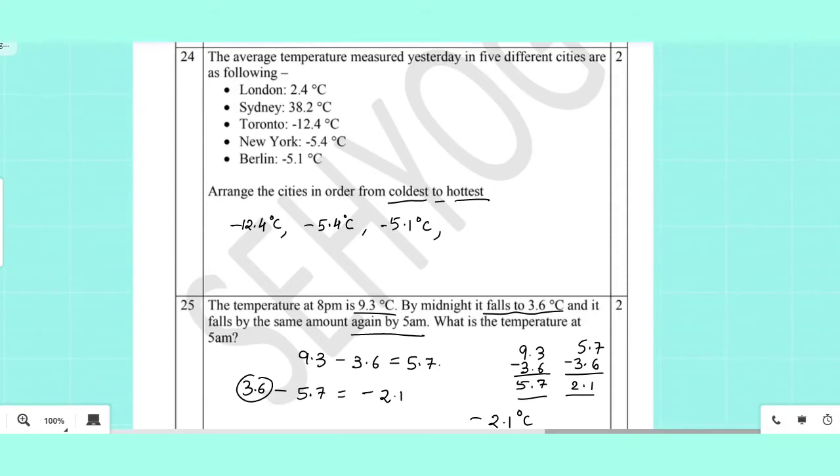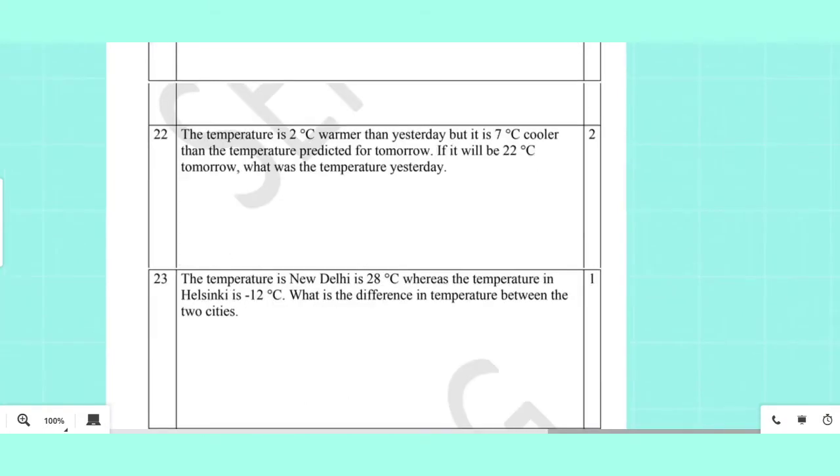Hotter than that is negative 5.1 degrees Celsius. Hotter than that is 2.4 degrees Celsius. So we have completed the negative values. Now it's positive. So a smaller number means like this. It will be arranged like integers. So Toronto is coldest, followed by New York. Then hotter than that is Berlin. Then hotter than that is London. And then finally Sydney.